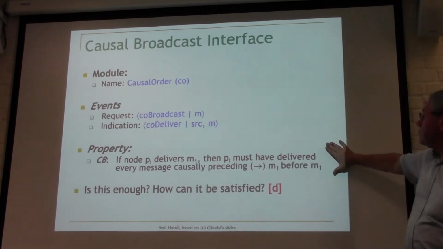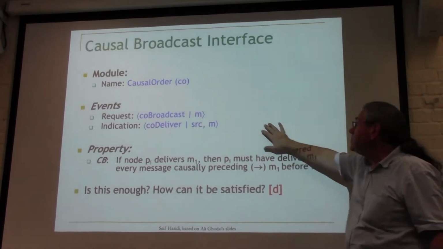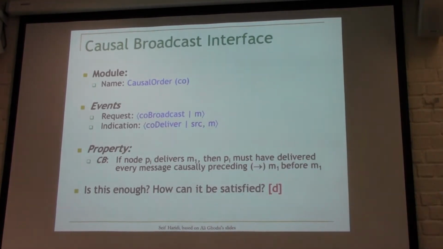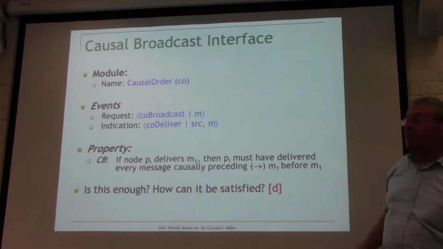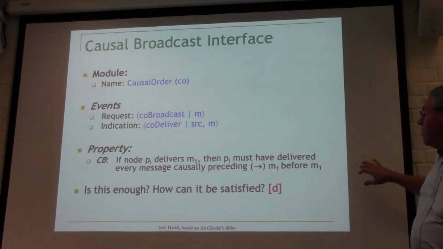Okay, so this is the first cut. We add this, we make this property. So this algorithm satisfies this property. Let's say we only have this one property here. Only this one. So is this enough?